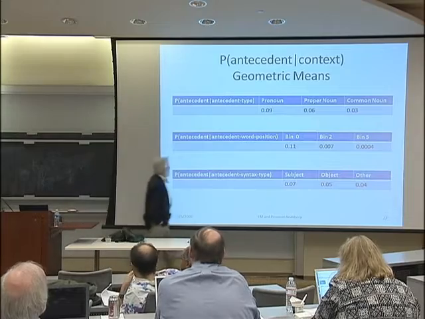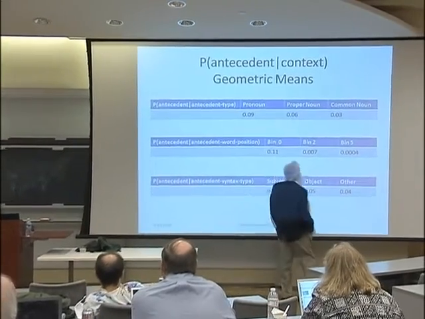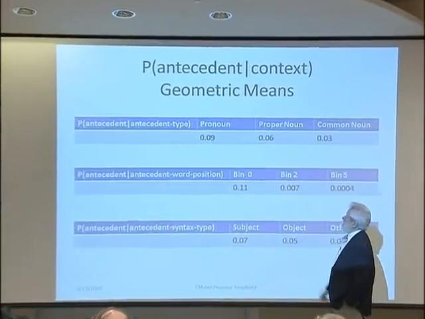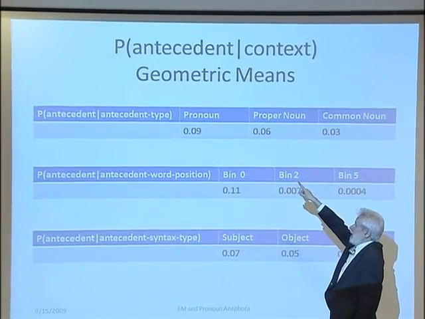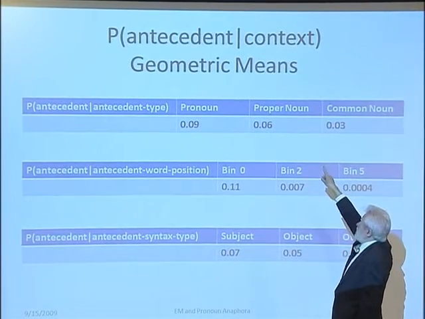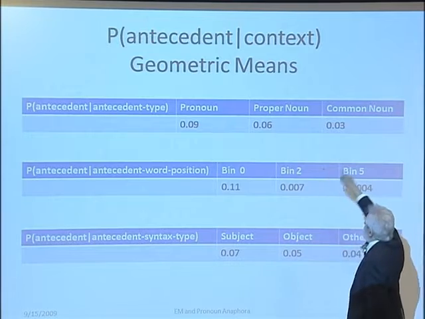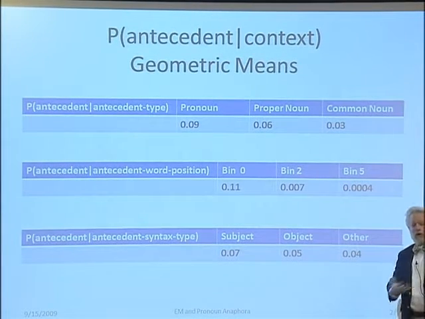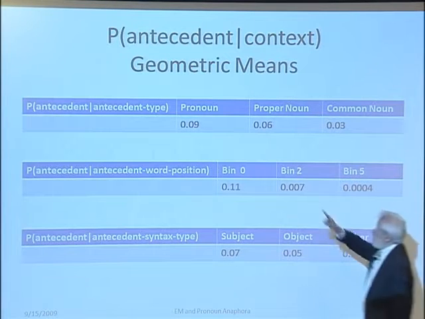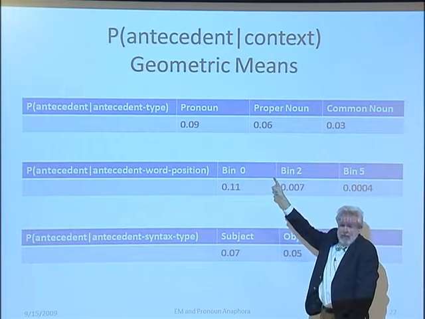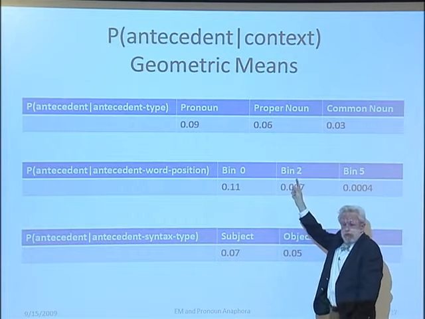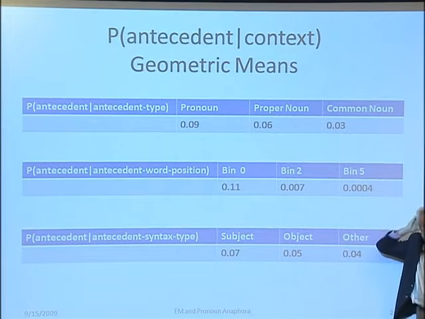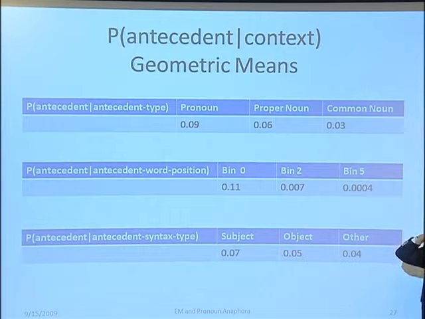If you ask in general whether the antecedent is itself a pronoun, a proper noun, or a common noun, what are the a priori probabilities? Pronouns are the most likely, which makes sense, proper nouns are second, and common nouns are third. I think if you think about it, that makes perfect sense.